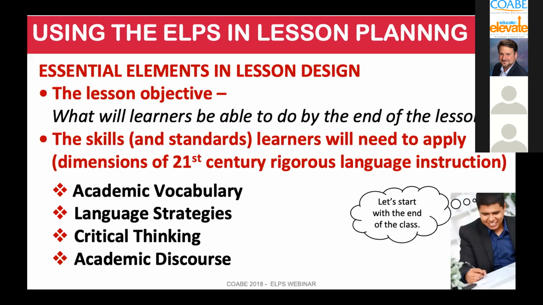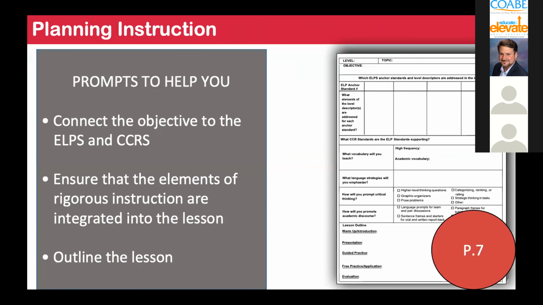The critical thinking dimension and the academic discourse dimension. So these elements are all things that when Lori and Patsy Egan and Sylvia Ramirez and I sat down to think about how would we plan a lesson with the ELPS in mind, these became part of our planning concept.